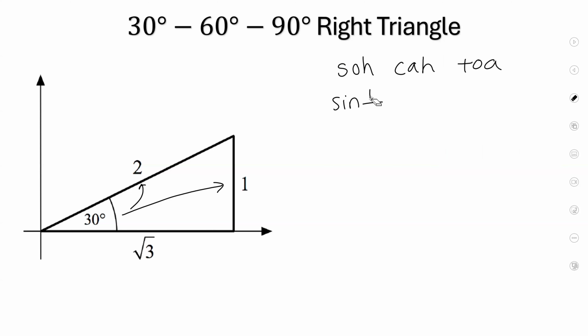Sine of 30 degrees is 1/2, a half. Now let's look at cosine. Cosine of 30 degrees is your adjacent side, which is always the x value, so square root of 3, over the hypotenuse, which is 2.